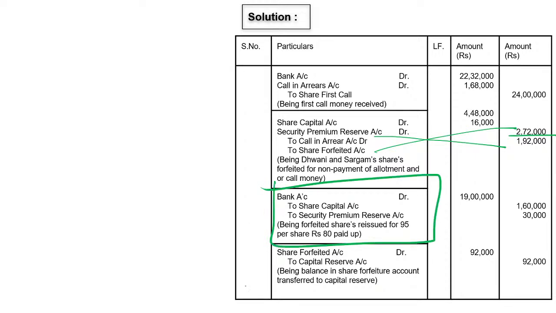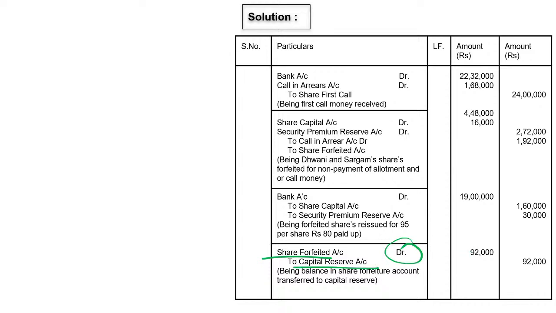And after this, you will transfer the balance of share forfeiture to capital reserve, for which the journal entry will be share forfeiture debit to capital reserve. This you have to calculate yourself, as we have done a similar type of question in the class.